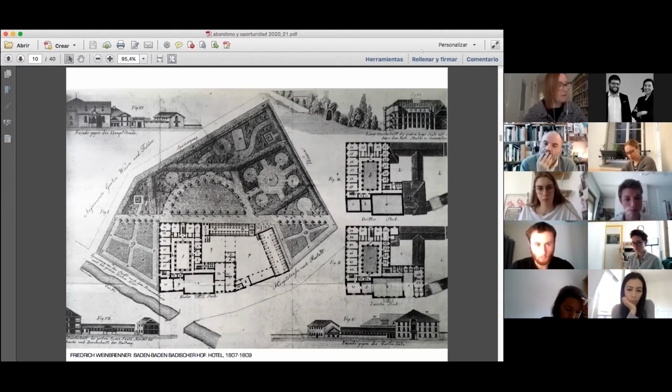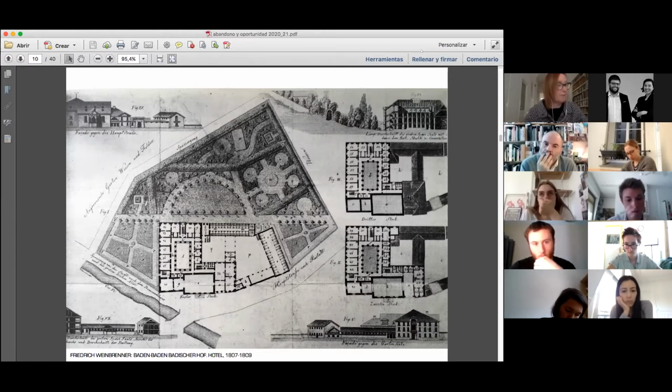The example on the screen is very significant. A former Hof in Baden-Baden, Germany, from the early 19th century, turned into a hotel. The apartments and common areas' characteristics fit perfectly with the requirements of the new hotel program.